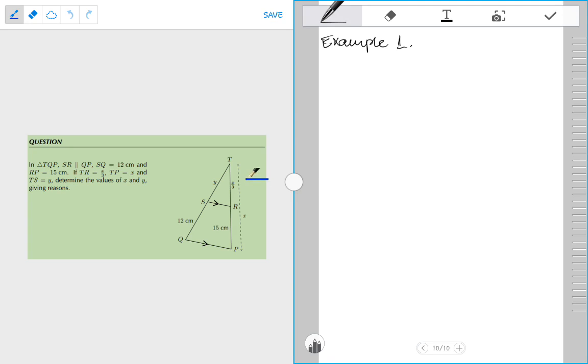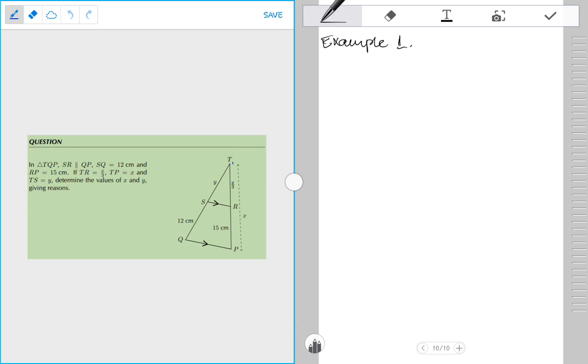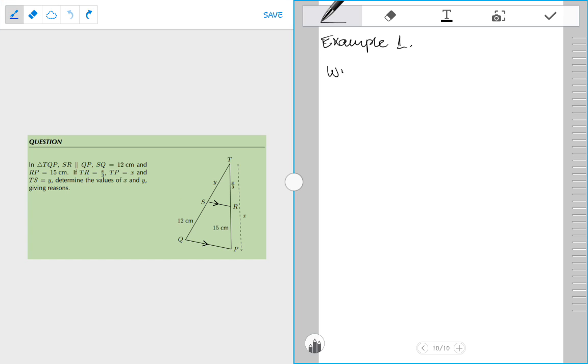If TR is x over 3, then TP is x, then TS is y. Determine the values of x and y. Give reasons. Okay, so now let's write what we're given.